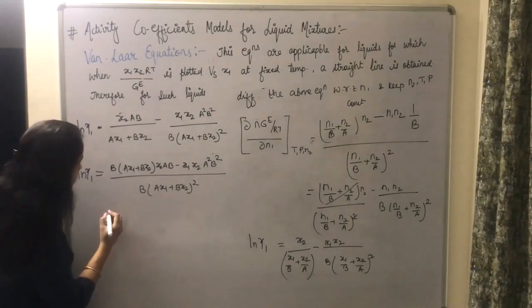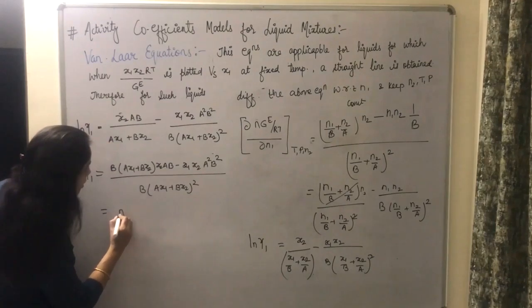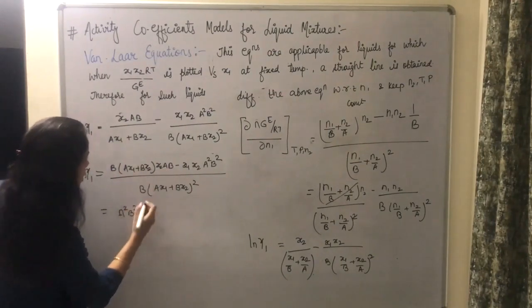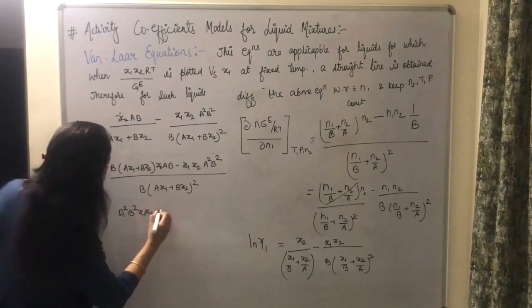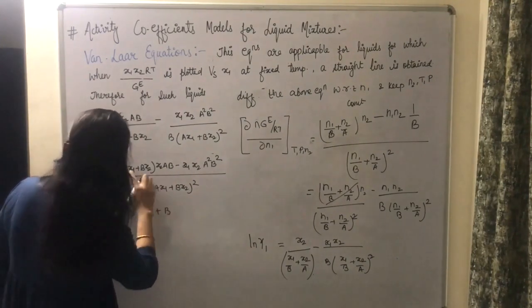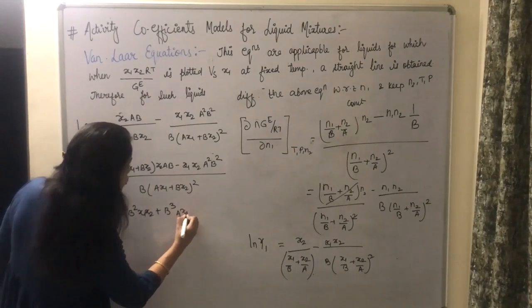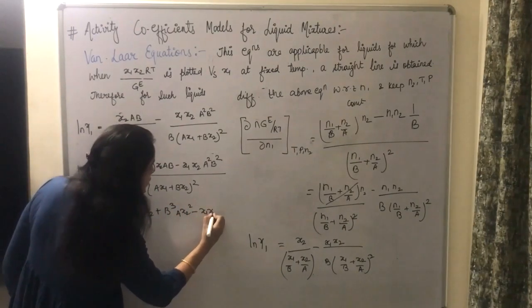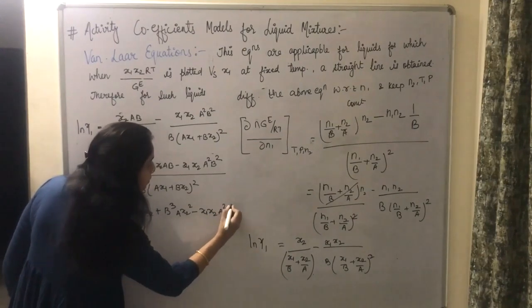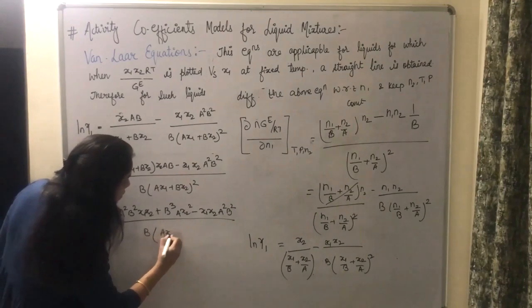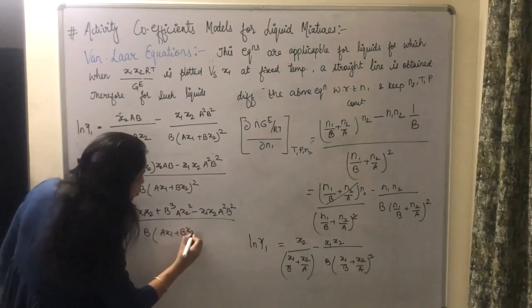Now just open the bracket. So a square b square x1 x2 plus b cube a x2 square minus x1 x2 a square b square upon b (a x1 plus b x2) whole square.